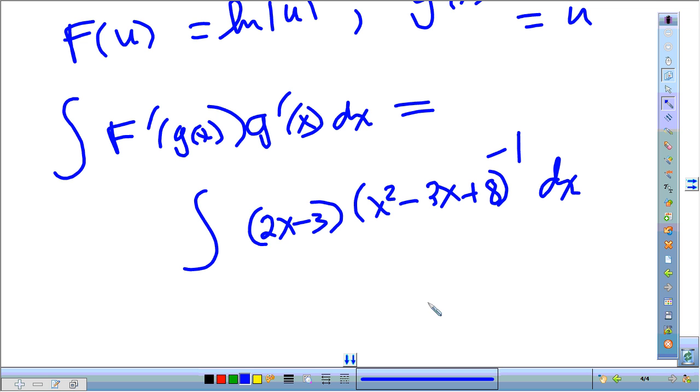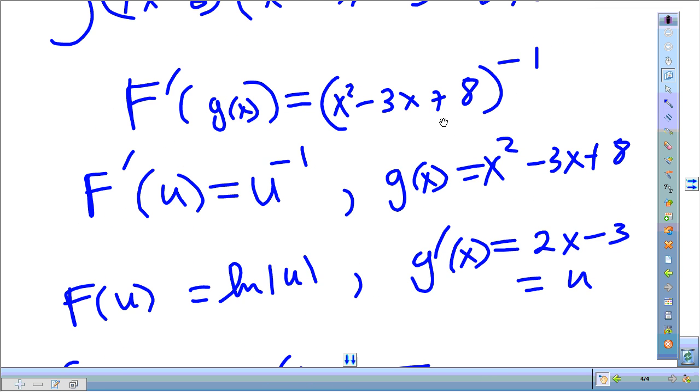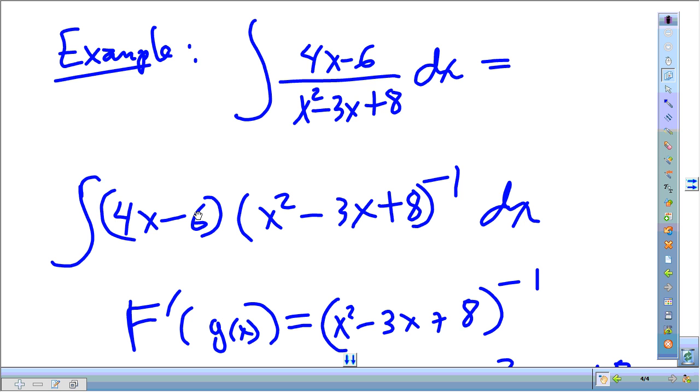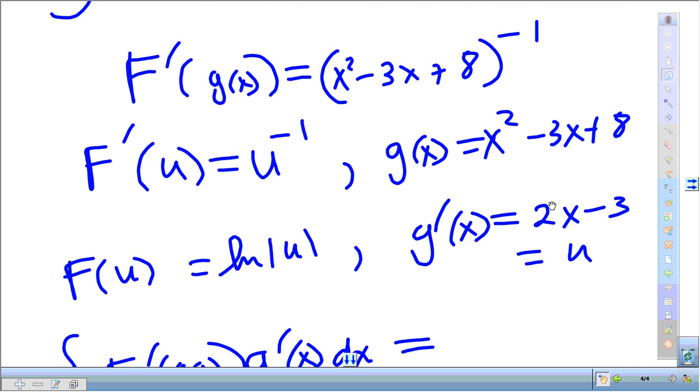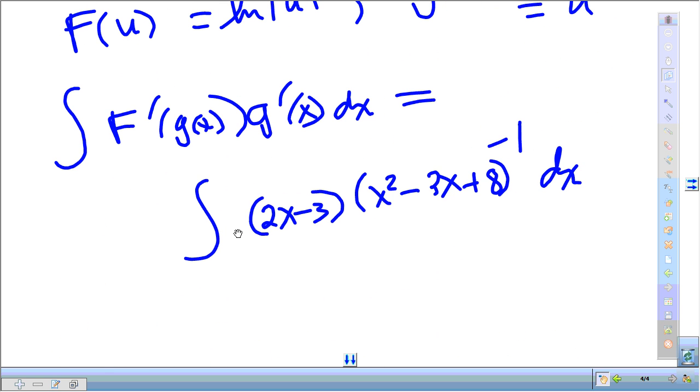So, not exactly what I started with, which is 4x minus 6, but if I factor out a 2 from the original, I end up with this particular integral.